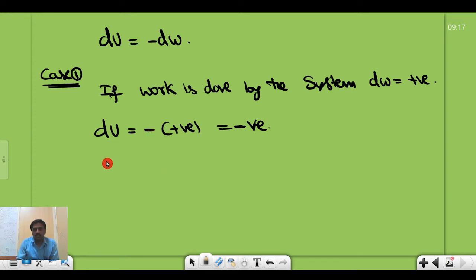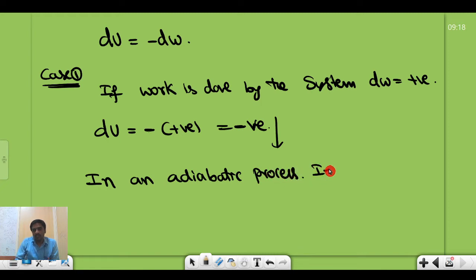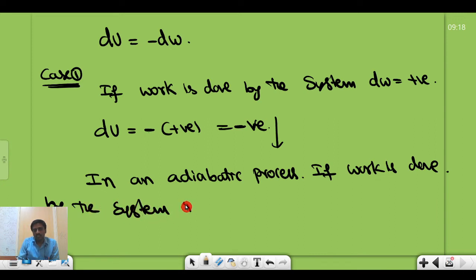That means what is indicated? If the work is done by the system, its internal energy will decrease. So the conclusion is that in an adiabatic process, if work is done by the system, its internal energy decreases.